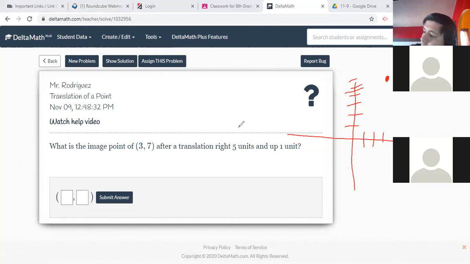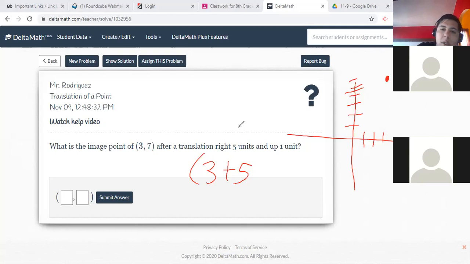Well, if we're moving to the right, that means that we're adding 5 to the 3, okay?